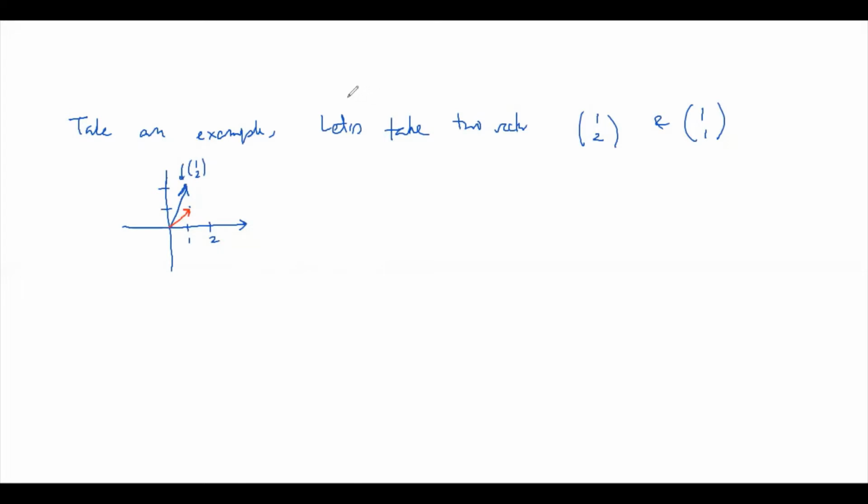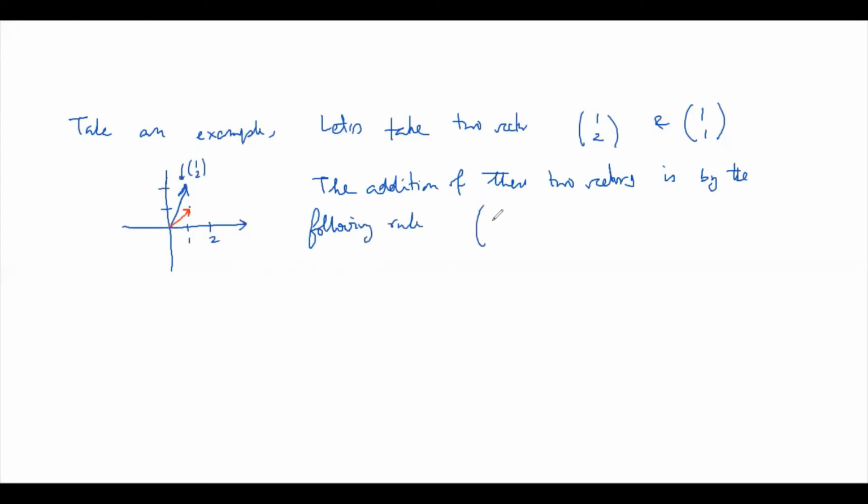Now, the addition of these two vectors is by the following rule. So you get 1, 2, you're adding 1, 1. Basically, you just add the x coordinates and add the y coordinates. So this is 1 plus 1, 2 plus 1. So this is 2, 3.